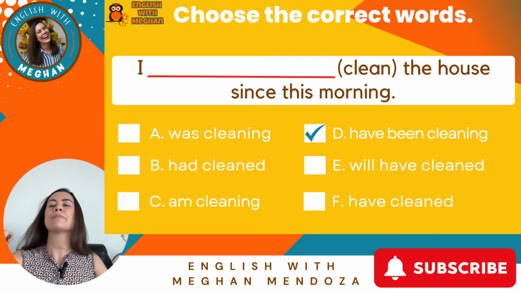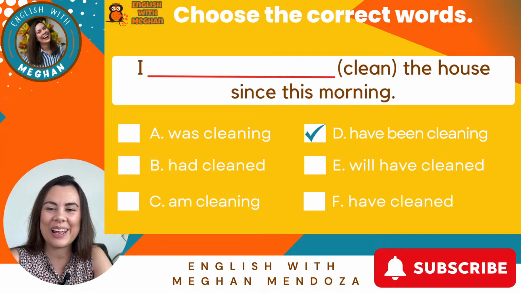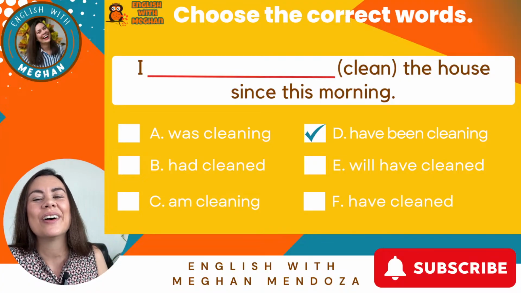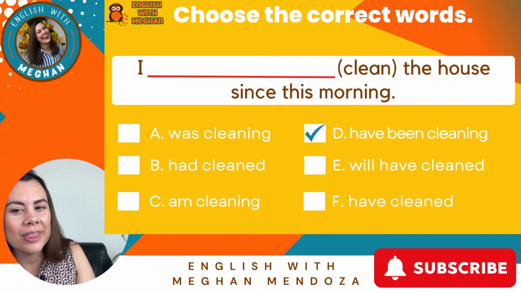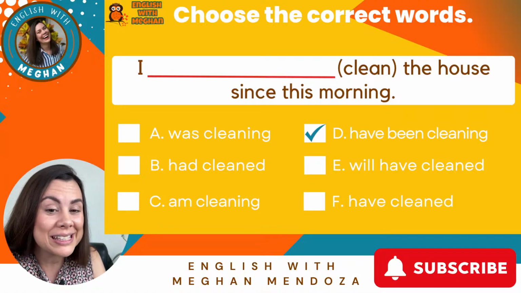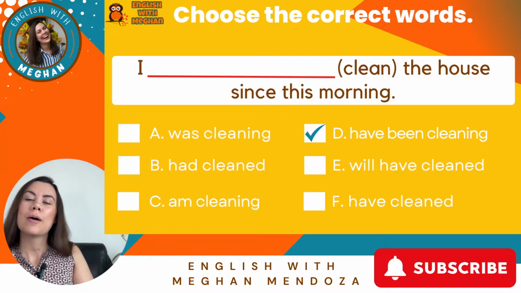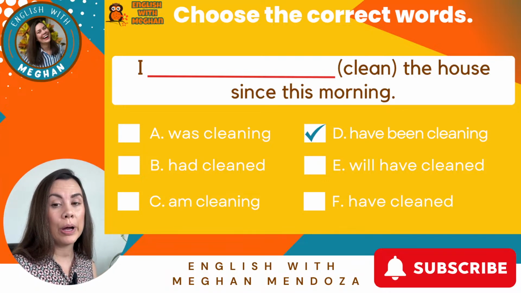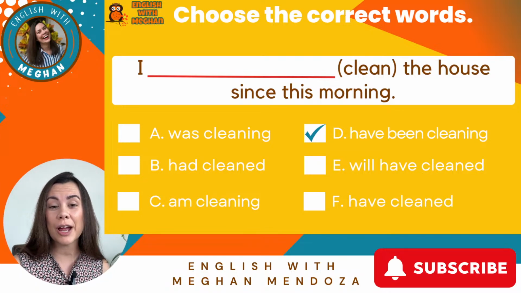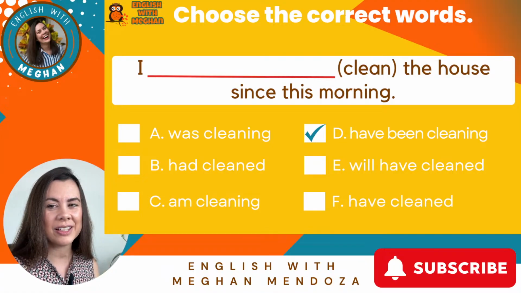D, have been cleaning. Good job in the chats. Very nice. Okay. So, have been cleaning, but why? This is present perfect continuous. But why is it present perfect continuous? We have certain time words here. All right, and what are those time words telling us?